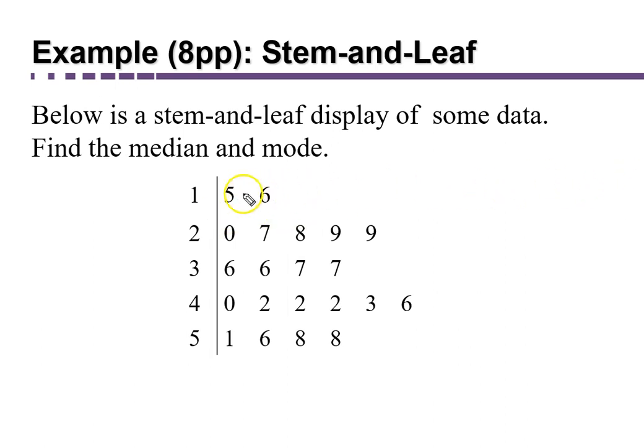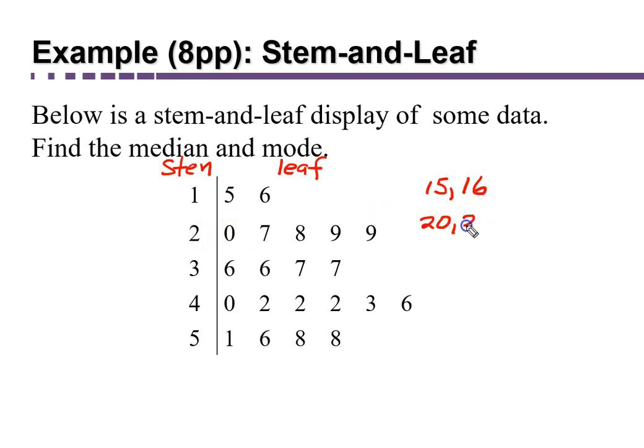Well, for instance, this is the stem here, and these are the leaves portion. So 1-5 stands for 15. 1-6 stands for 16. 2-0 stands for 20.